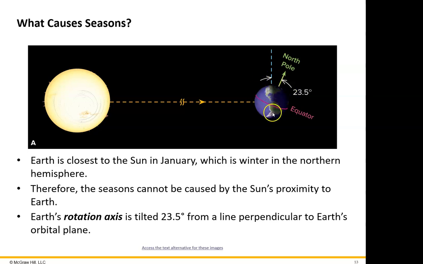In June, July, and August, the southern hemisphere is tilted away from the sun, so it would be winter in most of South America, in Australia, and in most of Africa.